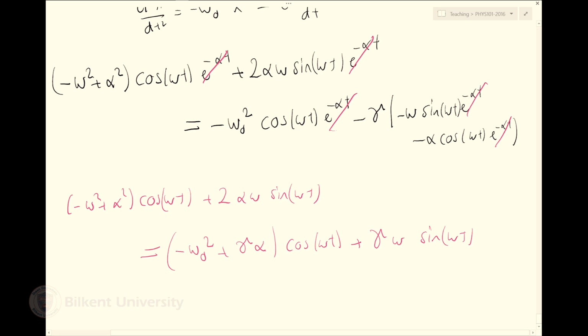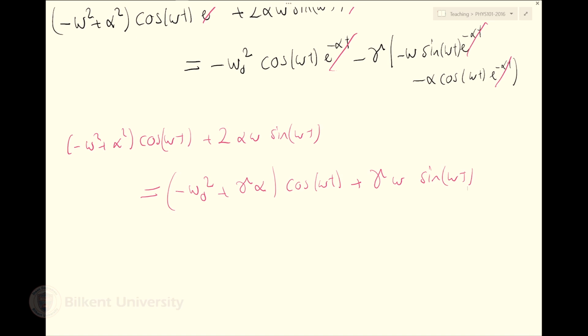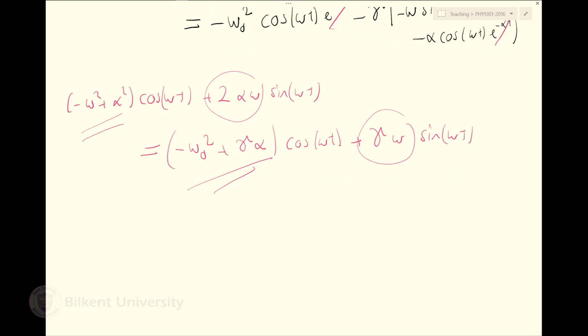How can this equation be satisfied? Only if the coefficients of the sine and cosine are equal to each other. So minus omega squared plus alpha squared must be minus omega 0 squared plus gamma alpha.